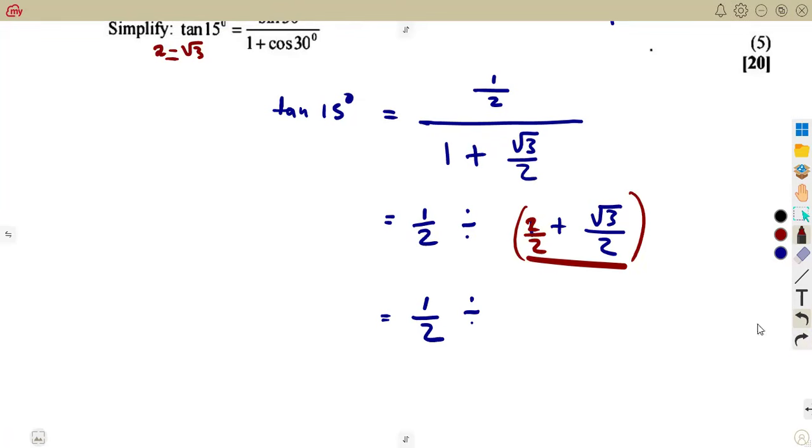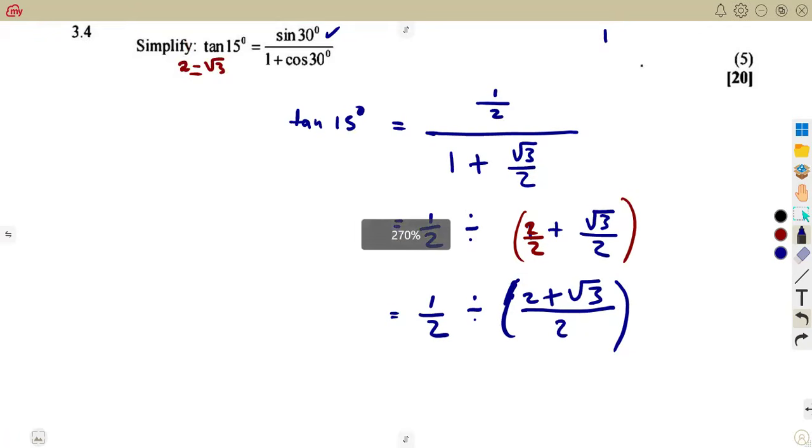So using the same denominators, we can combine our numerators together. So it is going to be 2 plus the square root of 3 over 2. Remember, if the denominators are the same, just combine your numerators. We are used to this, guys.